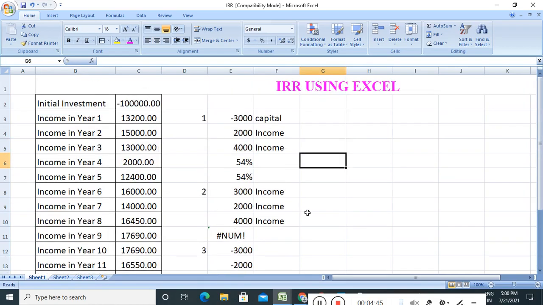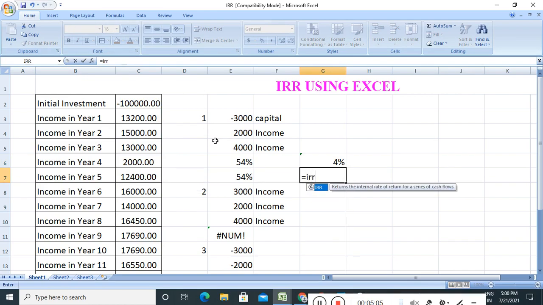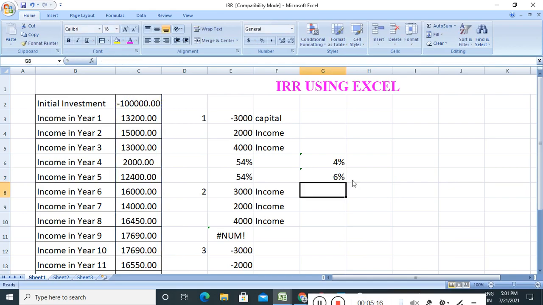the first 5 years. You just try and calculate equal to IRR of some series of years. For example, till the 9th year, what is your percentage? It is 4%. Now calculate for 10 years. See the answer, it is 6%.